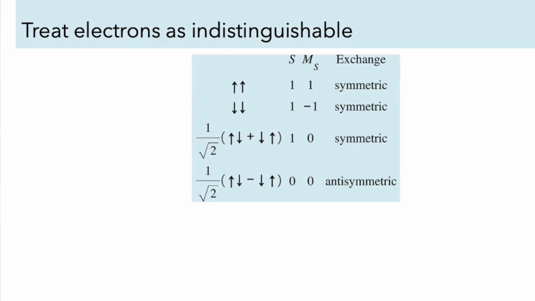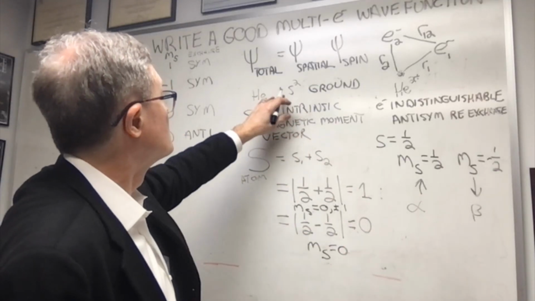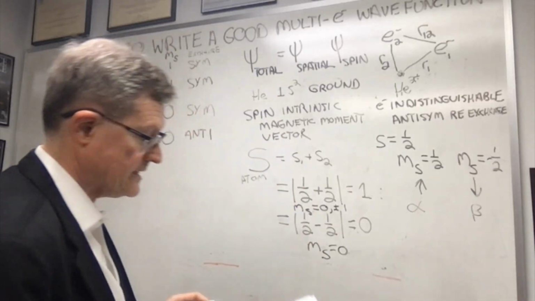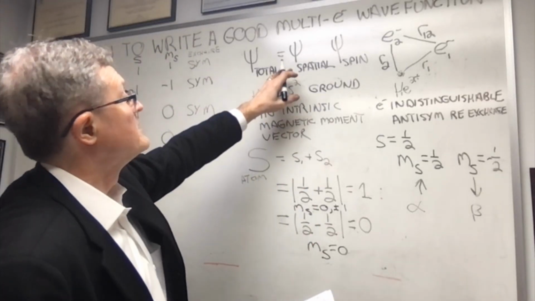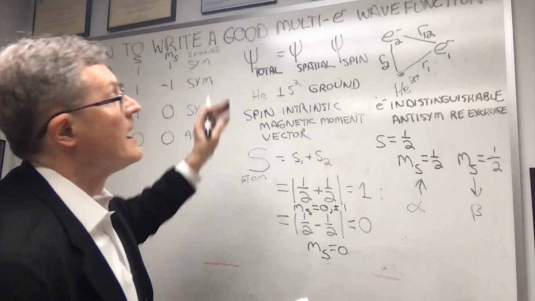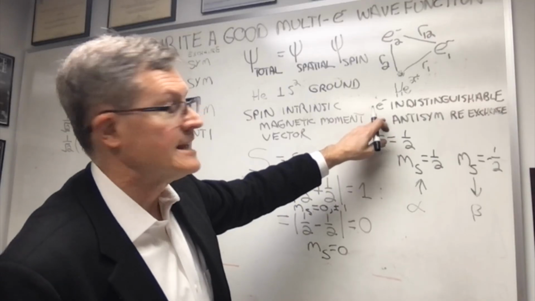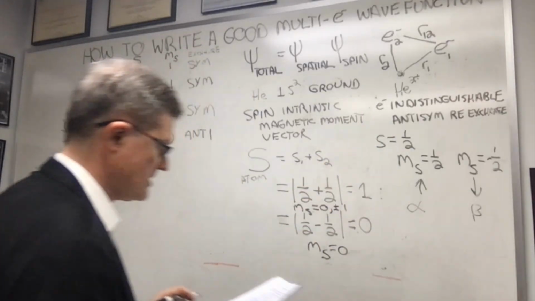Think about that now. When we go to make the helium atom ground state, we know how we have to write the spatial part. Now we have to multiply it by the appropriate spin part, and we have to make sure that the total wave function is antisymmetric with respect to exchange.